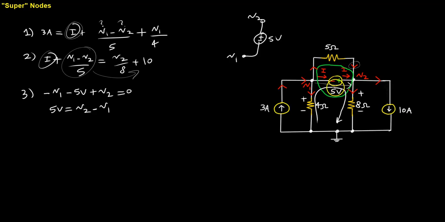So for Kirchhoff's voltage law, this provides us a constant voltage, and by KVL, it becomes a constant. So whatever V1 is, V2 is going to be 5 volts higher, or vice versa. And so knowing this now, we can actually simplify everything.